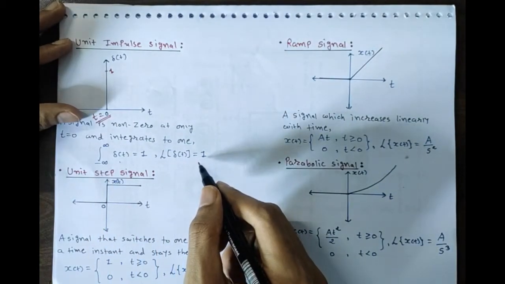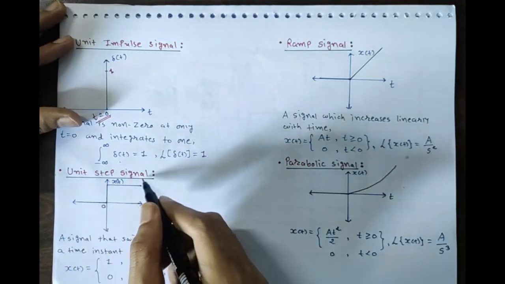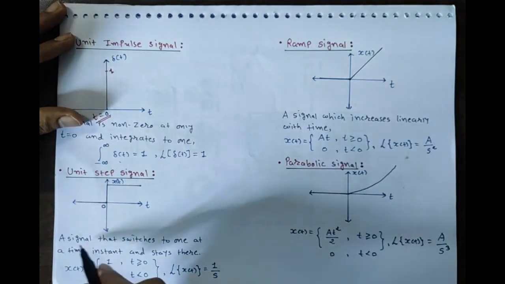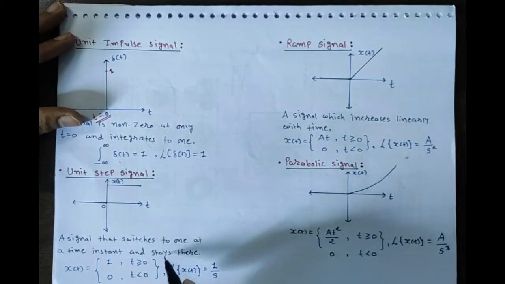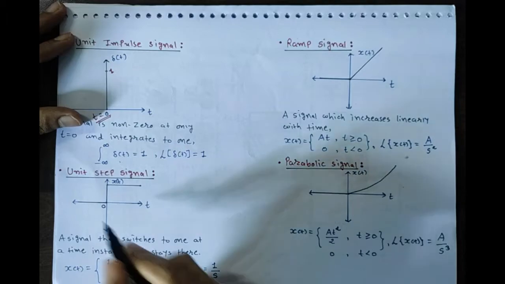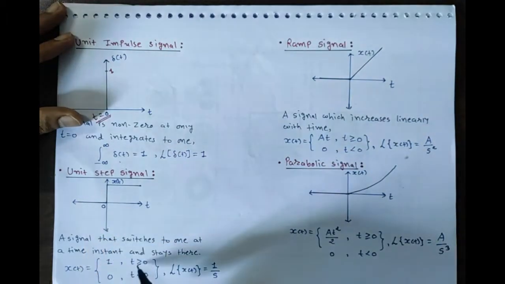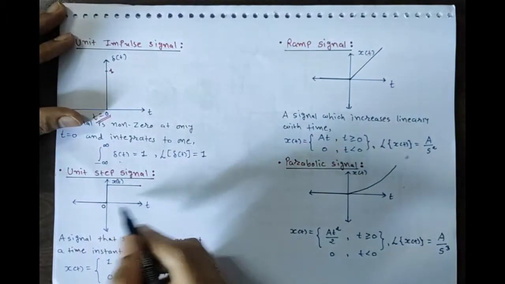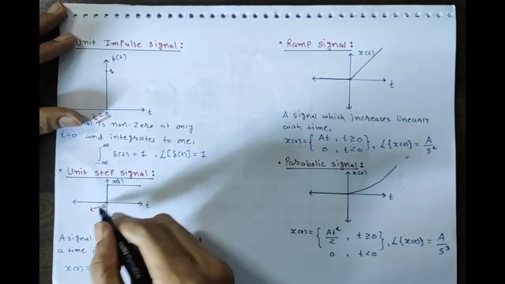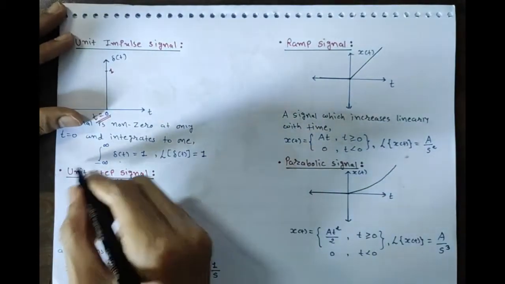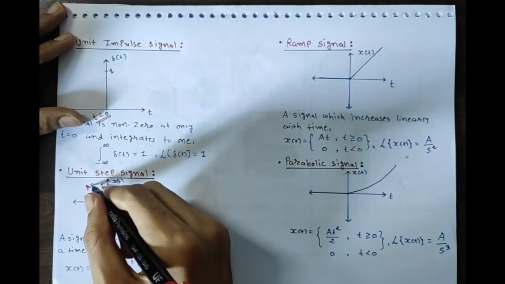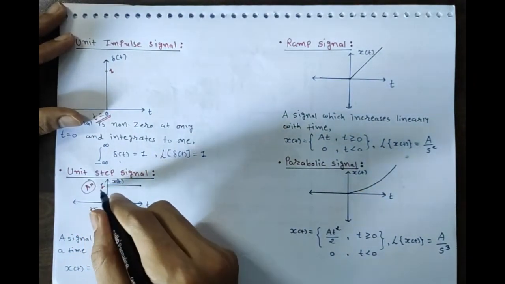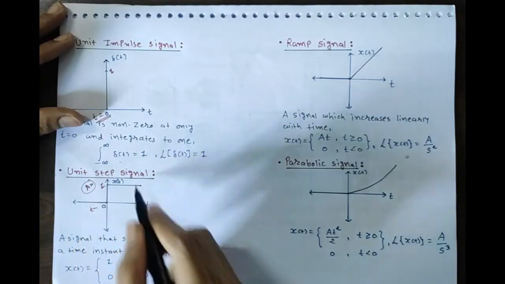The next signal is the unit step signal. So a signal that switches to 1 at a time instant and stays there. For time t greater than or equal to 0, the value of x(t) is nothing but 1, because here we are talking about unit. In general we can say it is a. If a is equal to 1, in that case it will be a unit step signal.